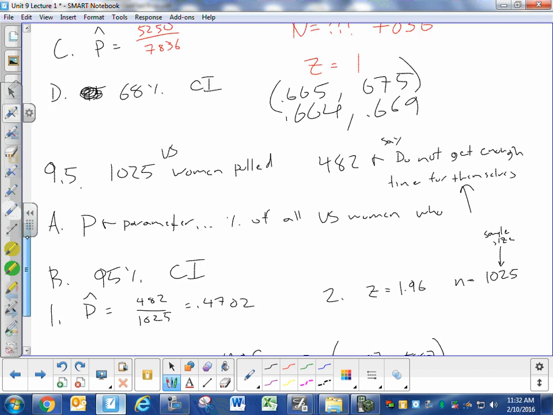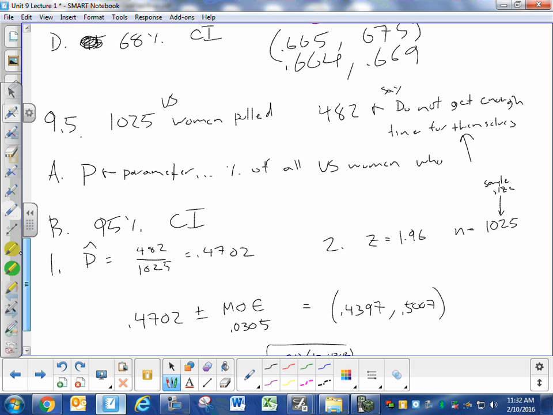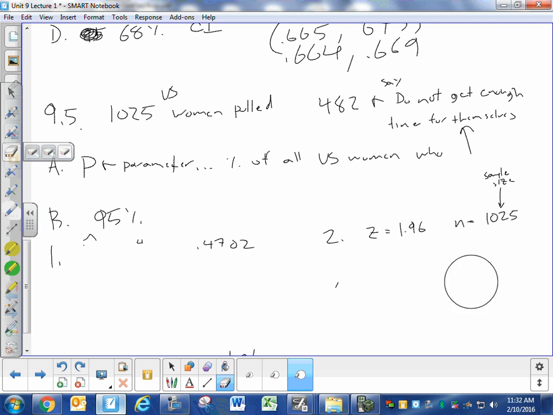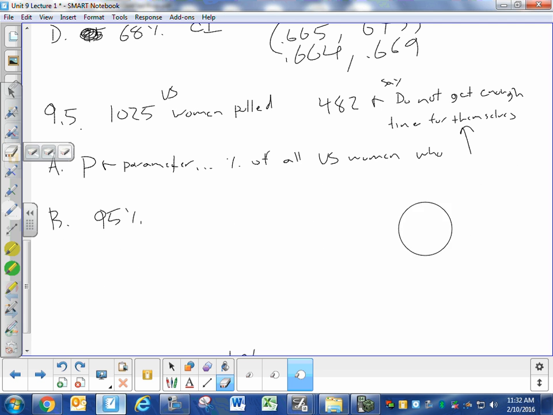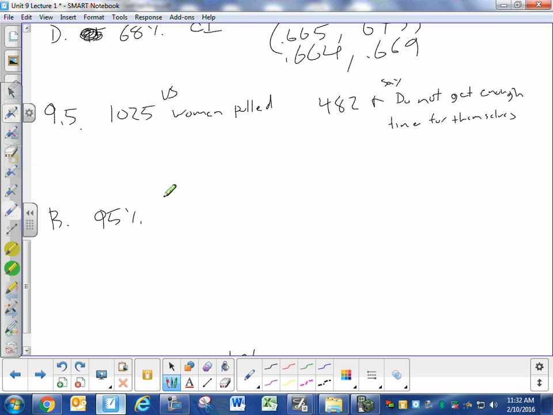Well, we got one more question we're going to do. Very simple. Last question. And we're just going to go straight to a 95% confidence interval.